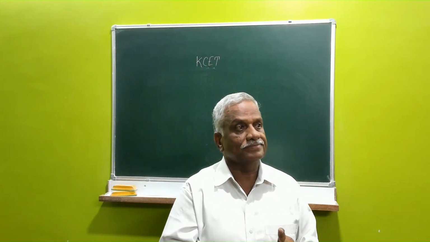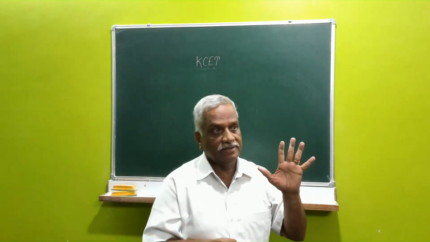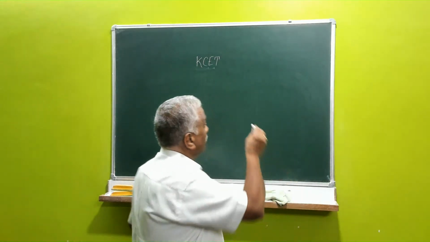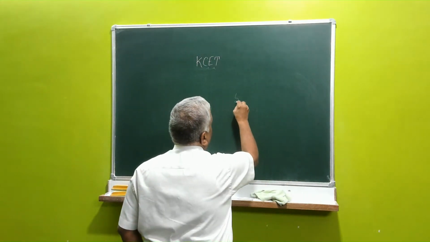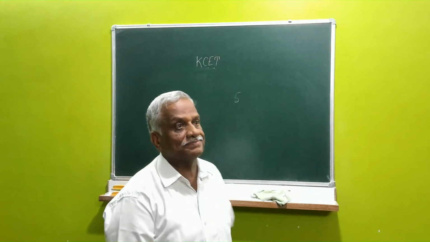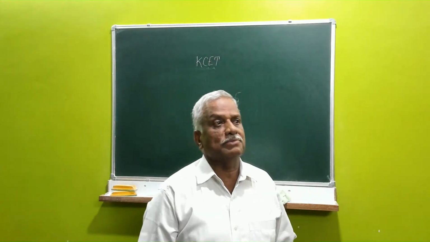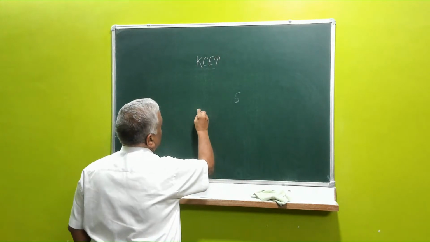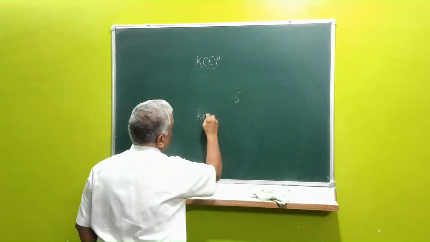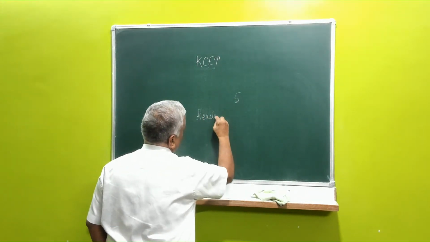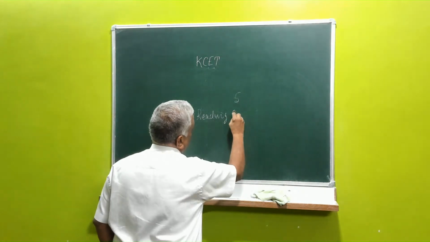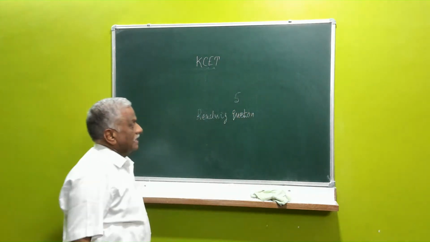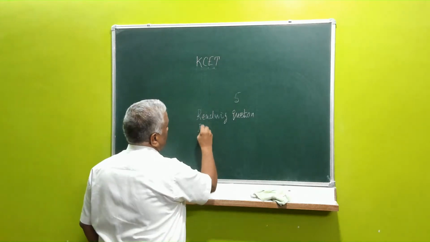See, normally any question in mathematics, if you want to answer, you have 5 steps. Any question, I'm taking in general. The first step is reading the question. Second step is analyzing.